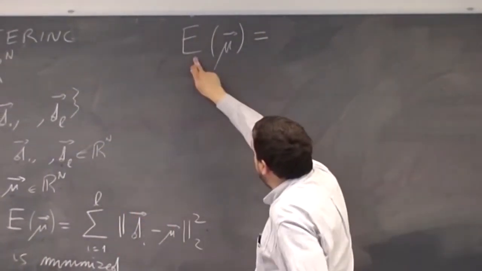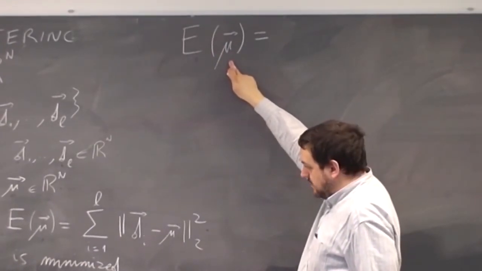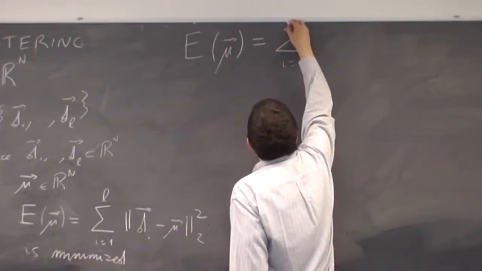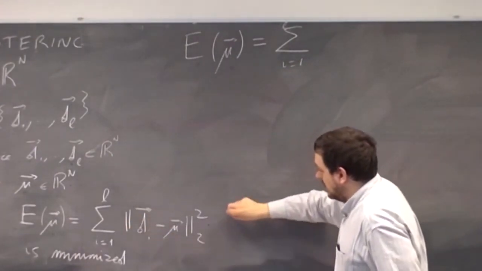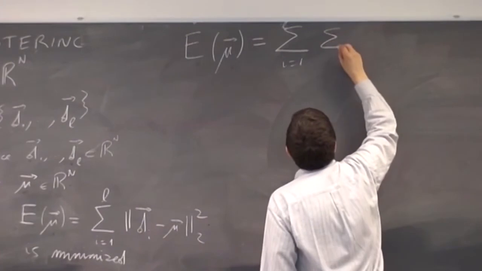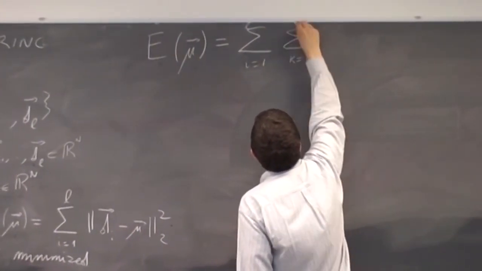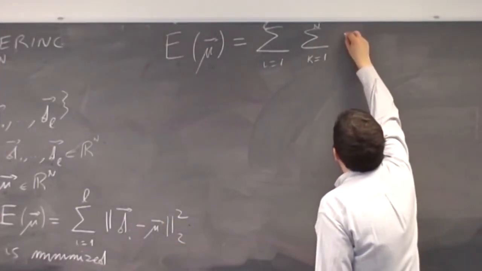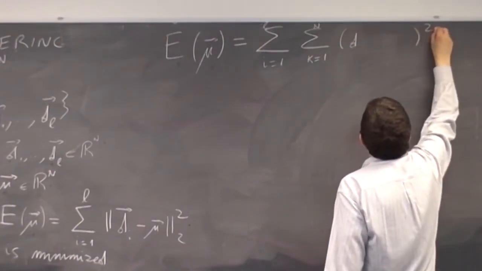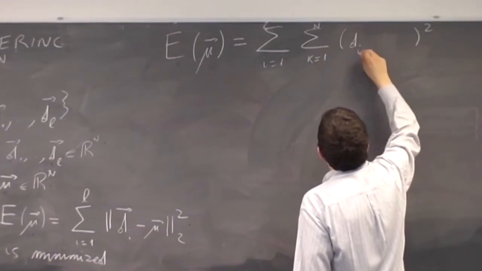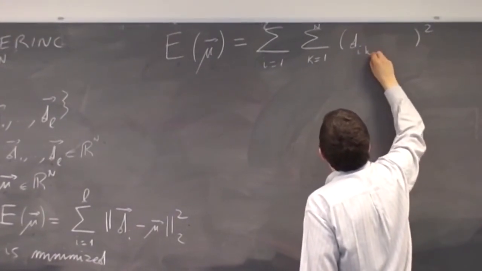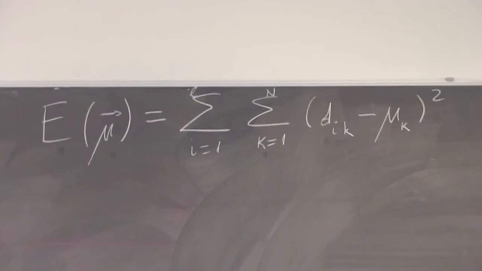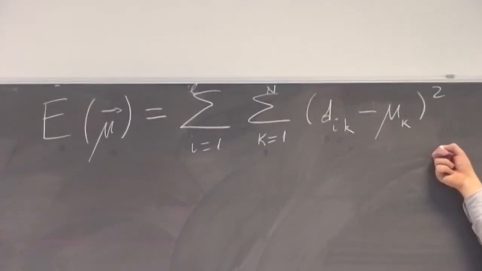The error E for when choosing mu is, we can rewrite this as the sum for all indices k from 1 to n, n is the dimension, of the squared difference between the kth component of di and the kth component of mu. Okay, this is the definition of the two-norm.